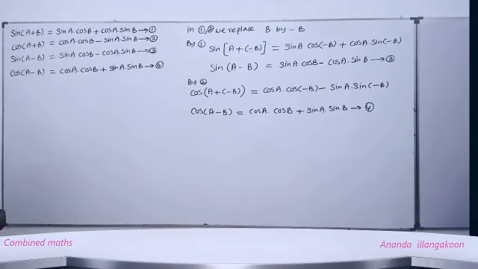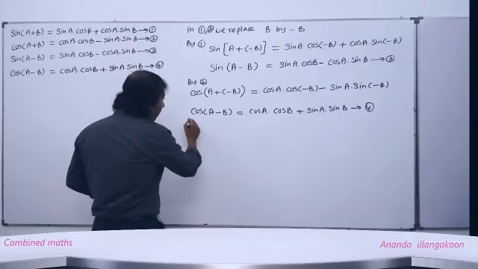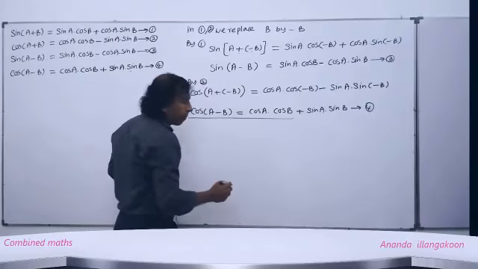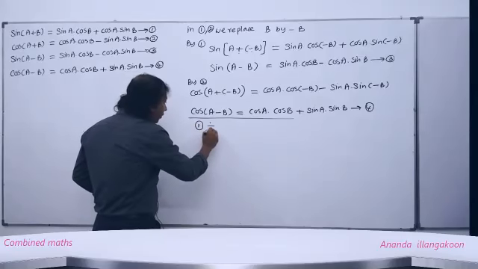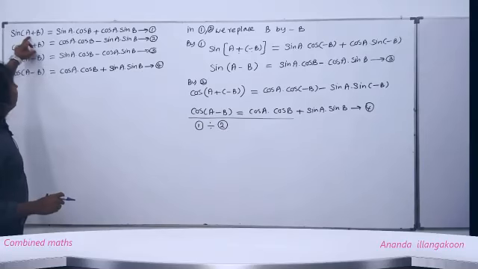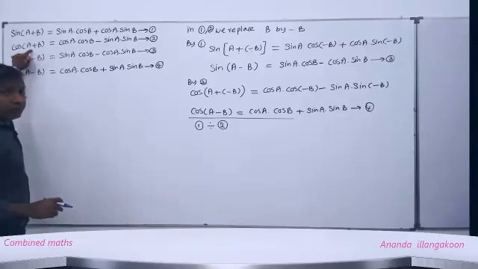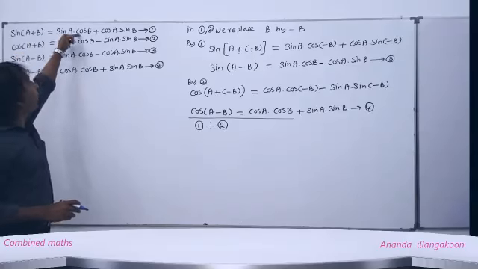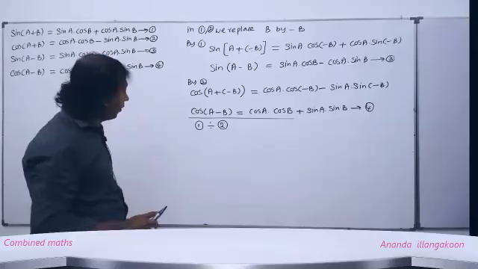Now I am going to divide the first formula by the second formula. This is the first formula, this is the second formula. When we divide this way, the left hand sides we divide separately, and the right hand sides we divide separately. Okay, people, and then what do you get?